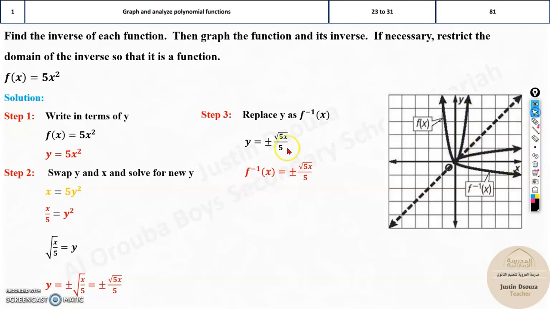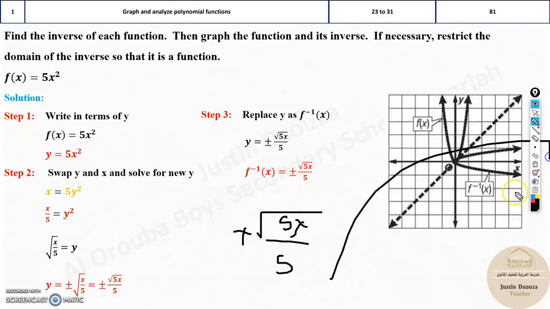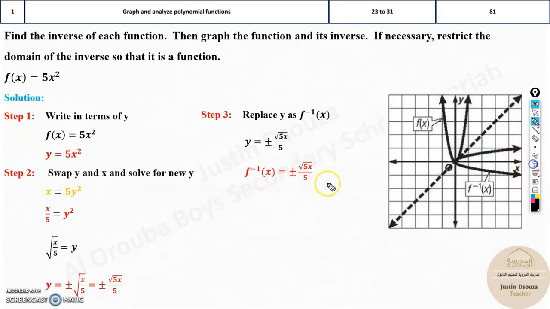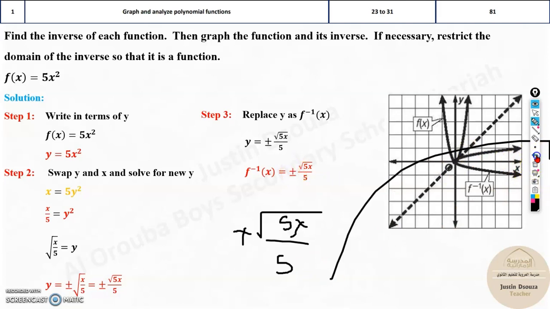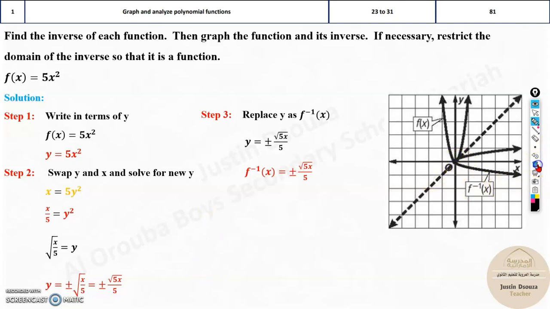How would you understand? If I graph plus root of 5x by 5, I know the graph will go upwards, right? That's the graph. Whereas if I had just minus instead of this plus, then it would go something like this. That's how we understand. So the domain restriction is that. So that would be the answer.